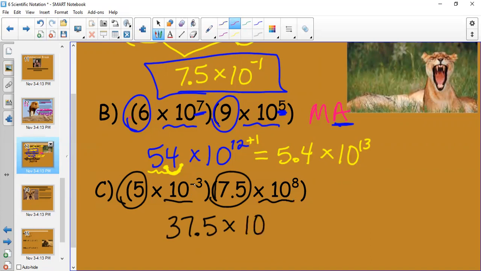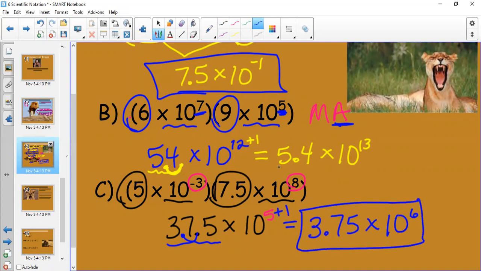And then we add our exponents. -3 plus 8 would give me 5. Again, double check. Is that first number between 1 and 10? Obviously it's not. We're going to make it between 1 and 10. I moved it over one more time, so I have to add a +1 to our exponent to make that 6. So that would be our final answer: 3.75 times 10 to the 6th power.